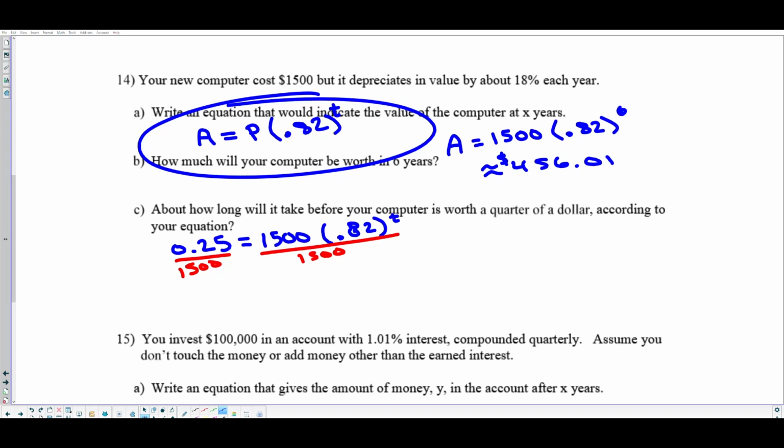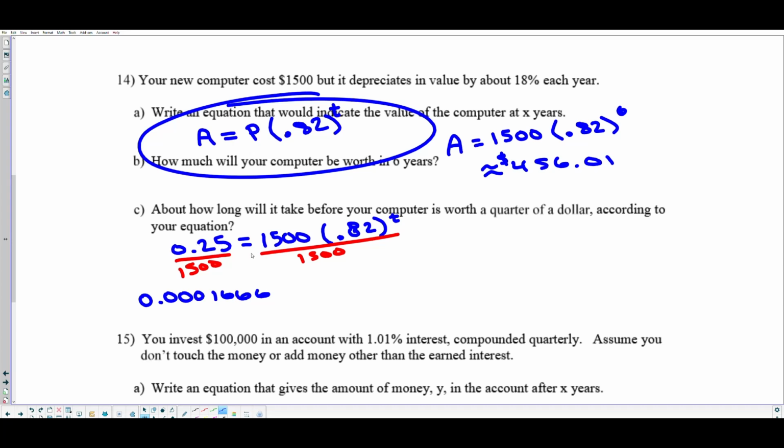That gives me something that's probably not very nice. It probably might look like 0.0001666, something like that.